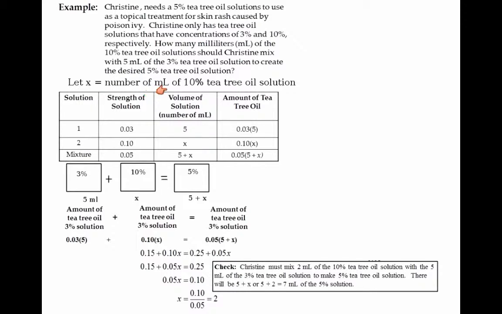So I'm going to let X equal the amount in milliliters of 10% solution. I'm going to write here X, and the amount of 3% is already known, it is 5 milliliters.